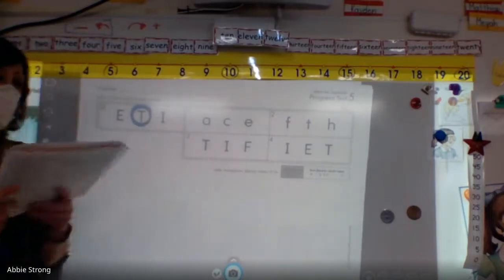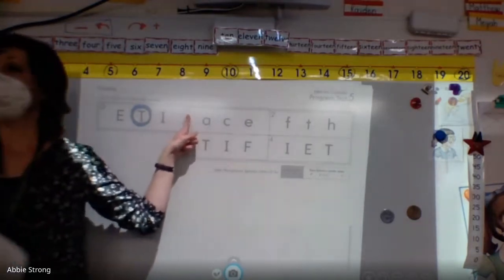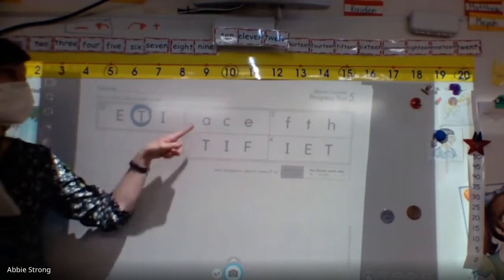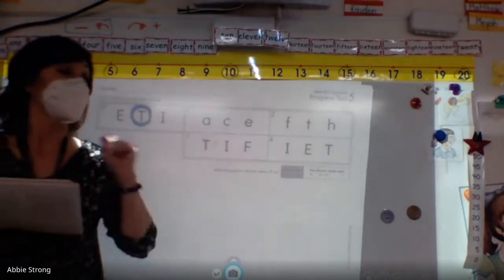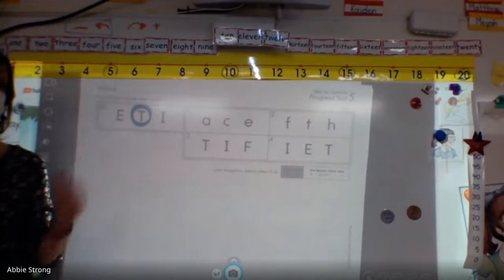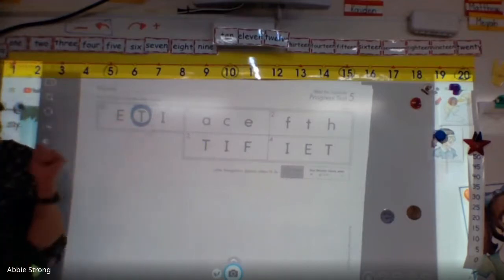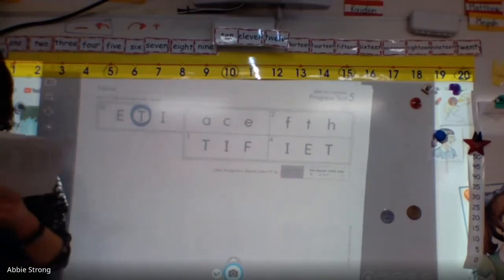Look at number 1. Number 1 is right here. Okay? You are going to circle this letter. Okay? I'm not going to tell you what these letters are. You're just going to circle it. Okay? I'm looking for 1 pair of eyes. Right here, honey. Circle for me. Ready? Lowercase e.